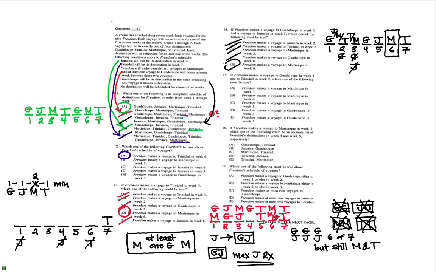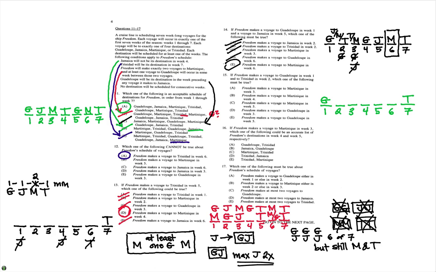Question 15. If Freedom makes a voyage to Guadalupe in week 1 and to Trinidad in week 2, which one of the following must be true? So again, let's draw out a hypothetical here. Again, we already know Trinidad comes in week 7. Question 15 now tells us Guadalupe is going to be our destination week 1.